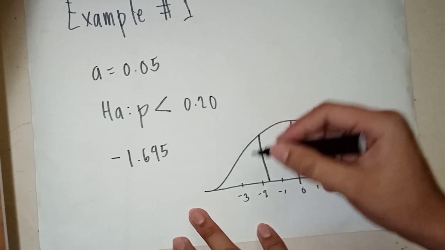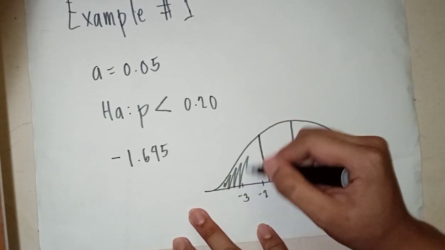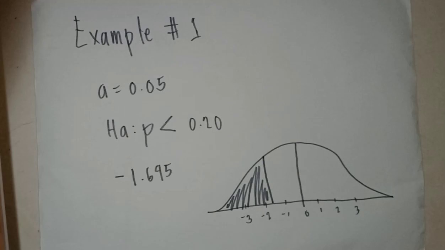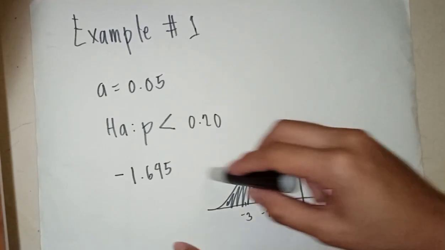So, this is the rejection region. What we plot is the critical value.